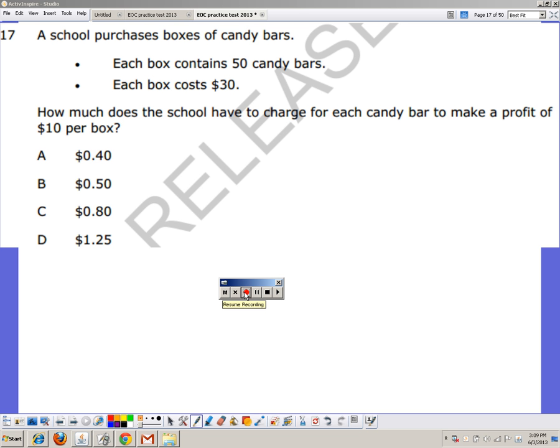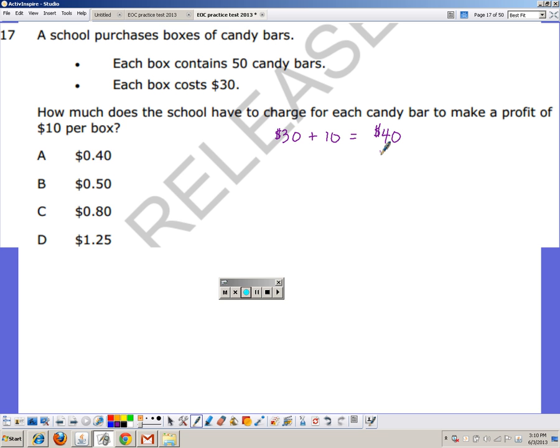With number 17, it tells you that the price per box was $30. So we get $30, but we want to make a $10 profit. So we got to add 30 plus 10, that gives us $40. That's how much the box is worth to us, $40, which is 30 that we spent plus 10 the profit.